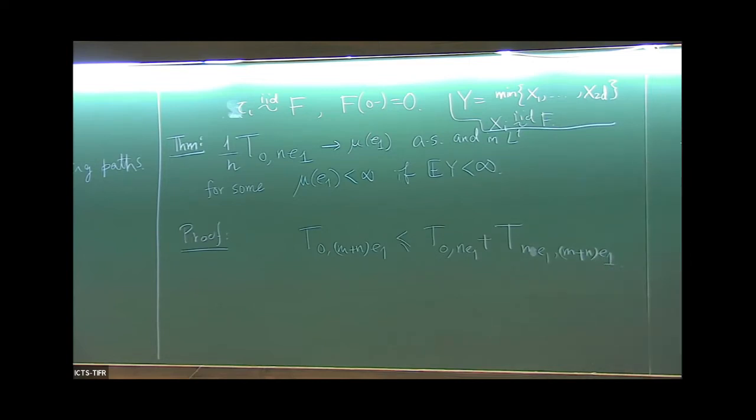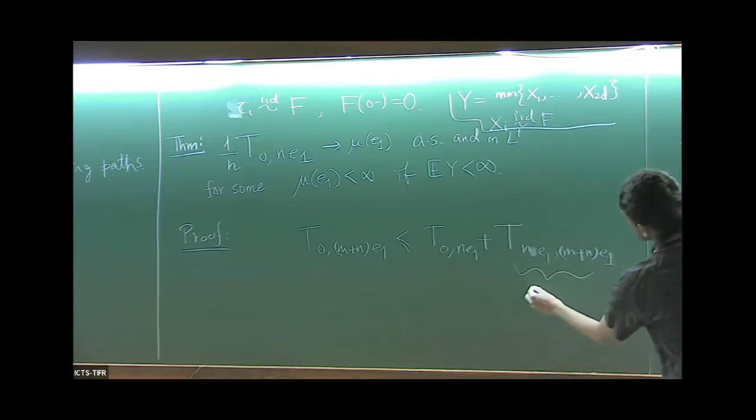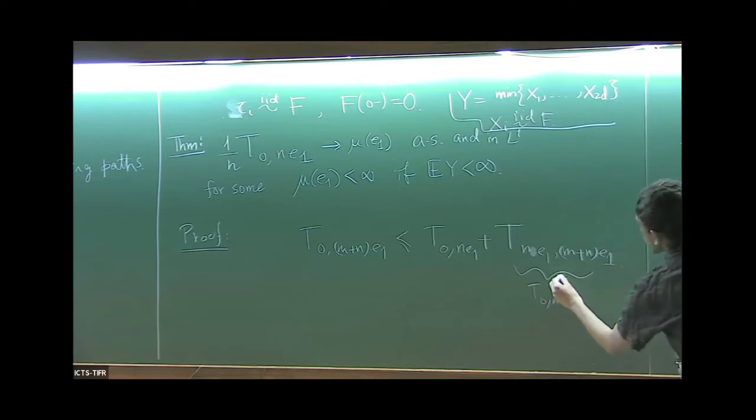This is simply the triangle inequality for metrics. If I go from 0 to (m+n)e1, I would do at least as well as going first to n e1 and then from n e1 to (m+n)e1. And because my underlying environment is translation invariant, the second term has the same law as T(0, m e1); this is equality in distribution.